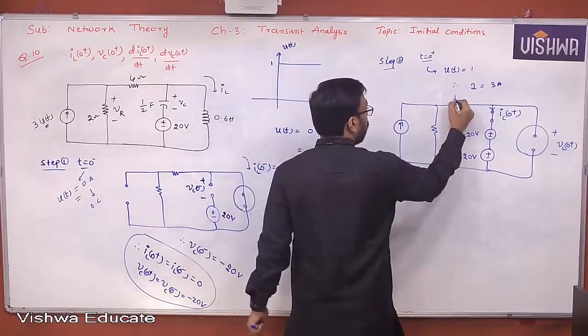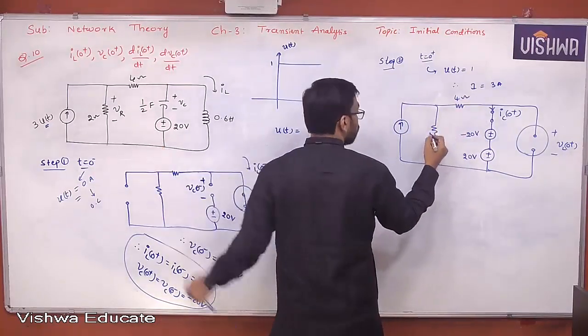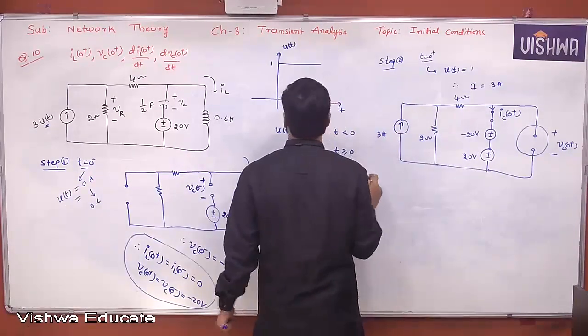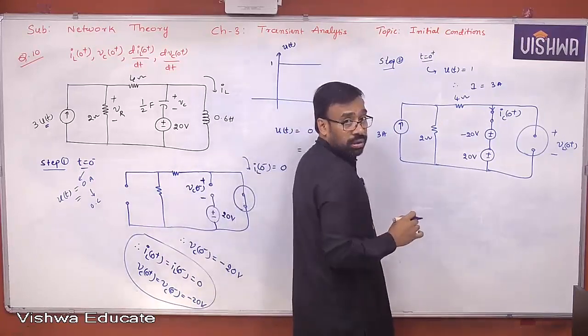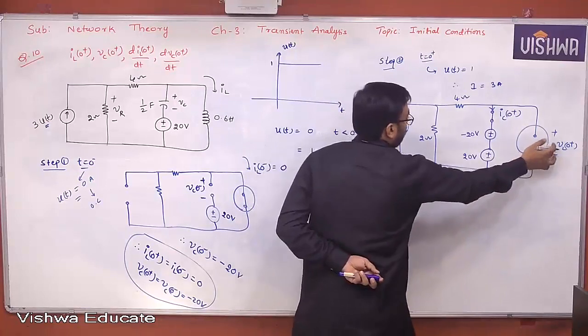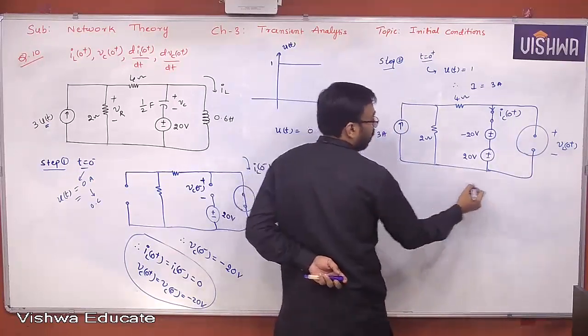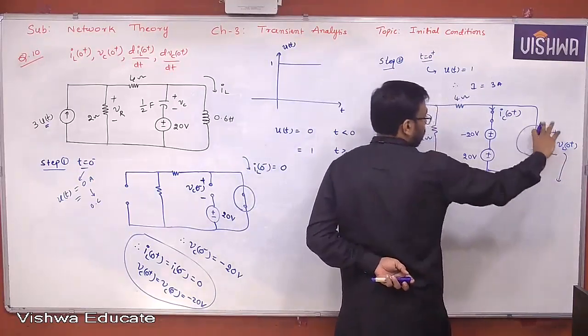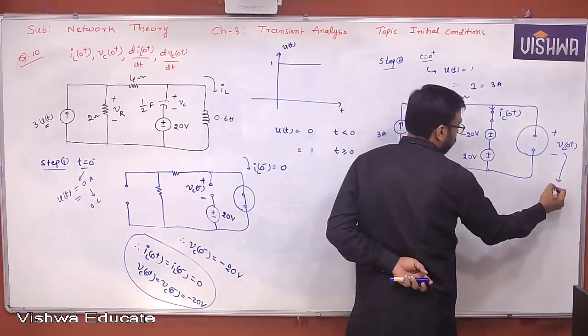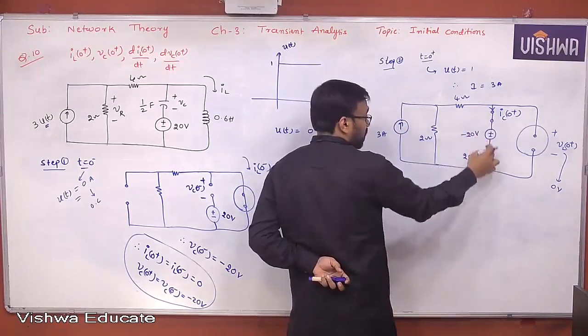And this is 4 ohm. Yes or no? And this is 2 ohm. And this is already 3 ampere, because 3 u of t, right? Therefore, I think you understand this, right? So now you can see that VL of 0 plus will definitely be what? 0. Because the addition of these two will become 0, the total voltage will become 0 volt. But the current passing through this path is nothing but what?